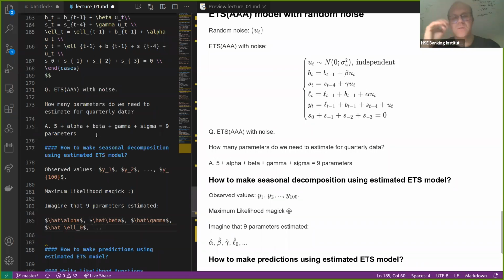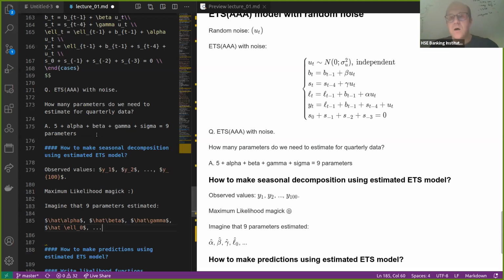I don't care about that. Magic. I plug it into computer and I have 9 parameters. For the moment, let's ignore it. We will delve into details, but not for the moment.